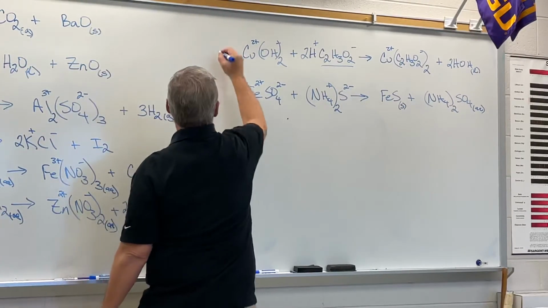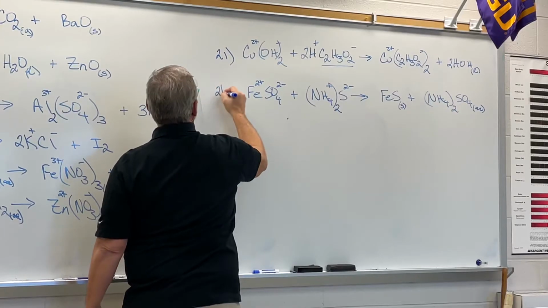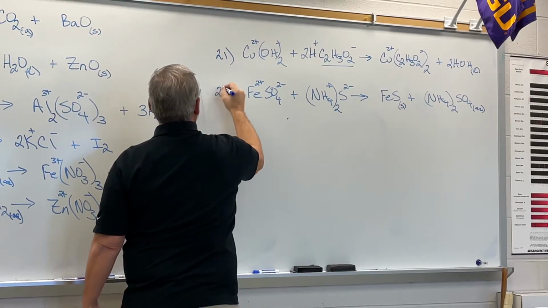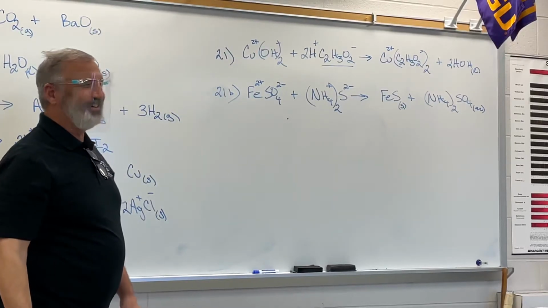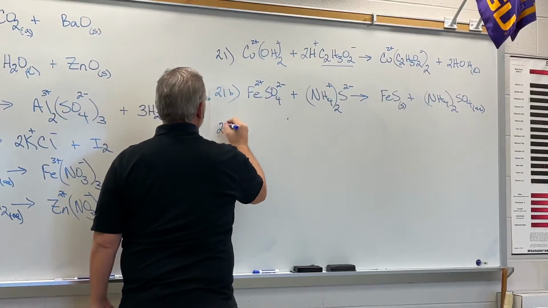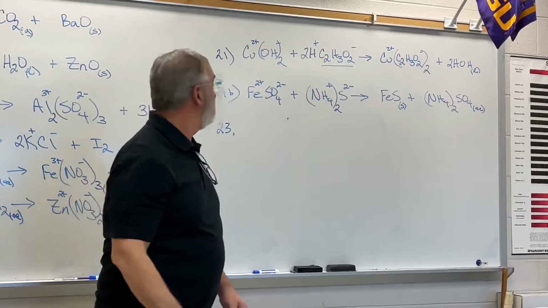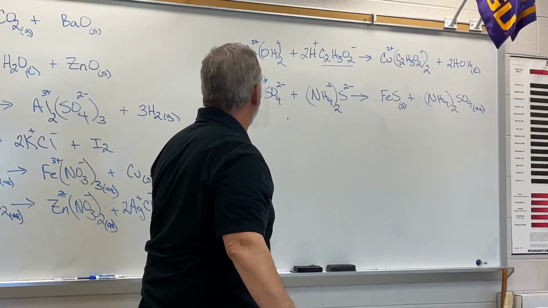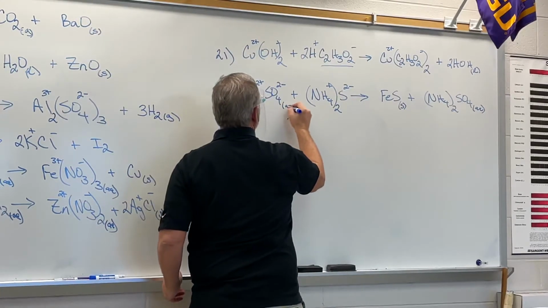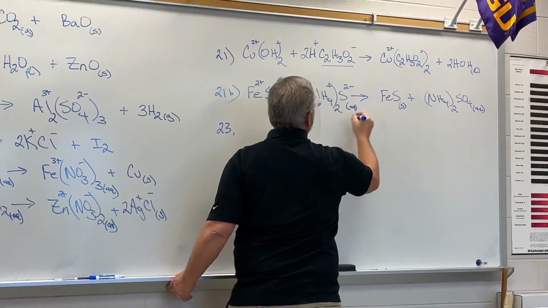Well, no, so this was 21, this was the other 21. For 21B with their spectator ion. Assuming this is aqueous, would it be sulfate and ammonium?